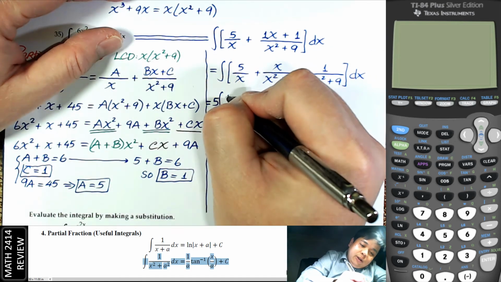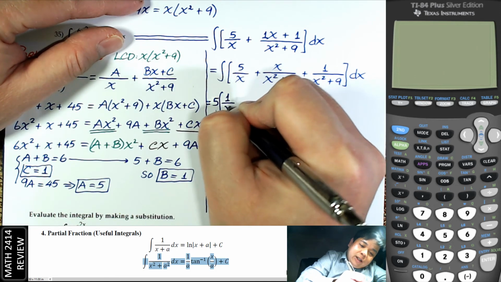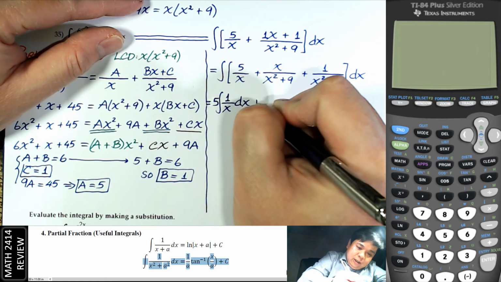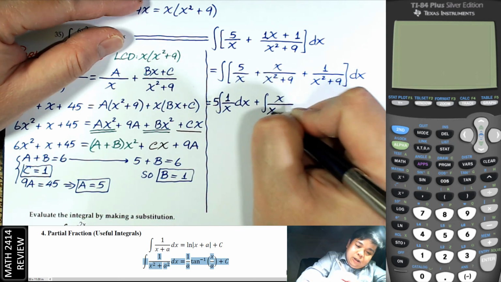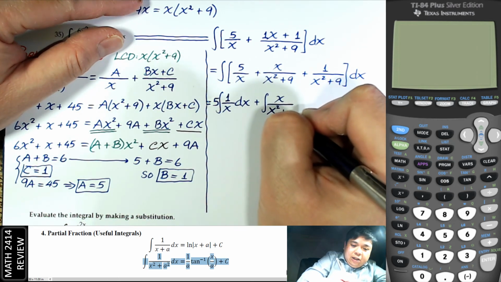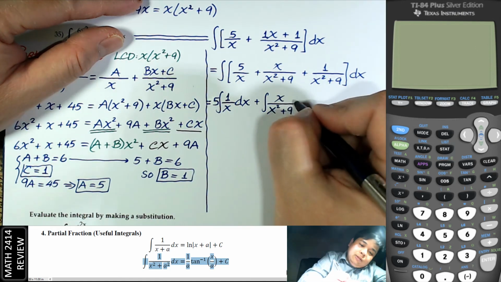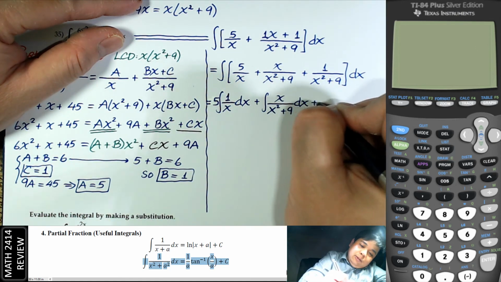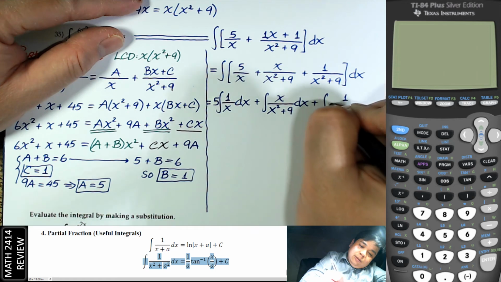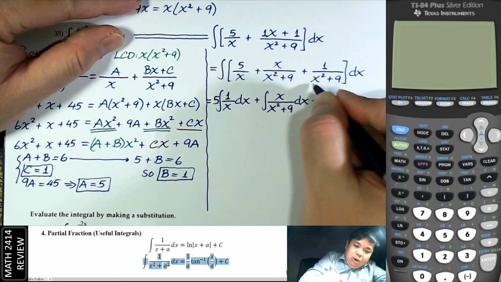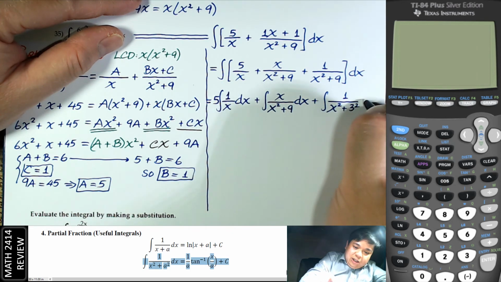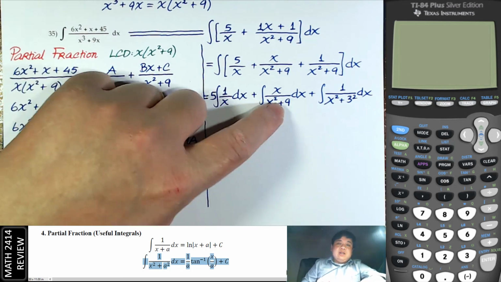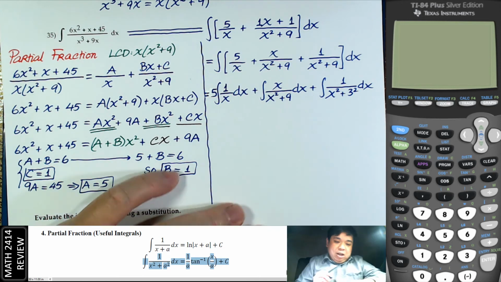Five, 1 over x dx. Yeah, we know this one's going to be tangent inverse, so let's write this as 3 squared. This one is a substitution, so I'm not going to mess with that.